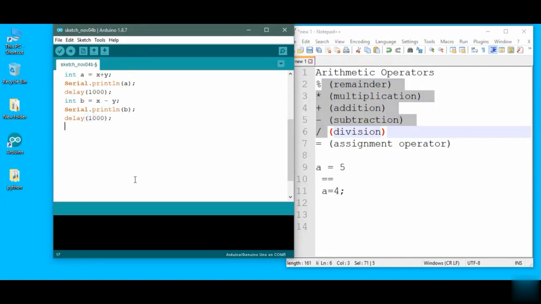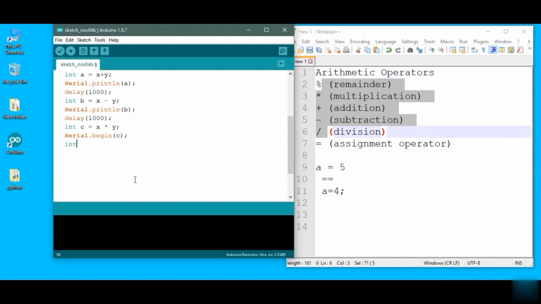And now let's move to another operator, that is int c, which is equal to x star y, that is the multiplication operator. And now print this. But we are left with a division operator and a remainder operator.